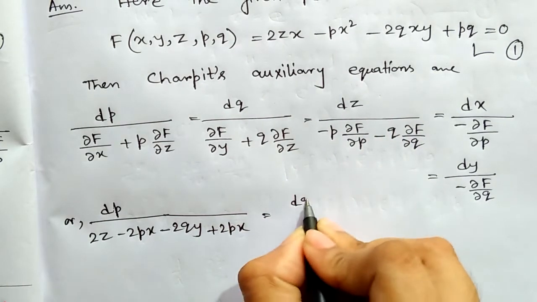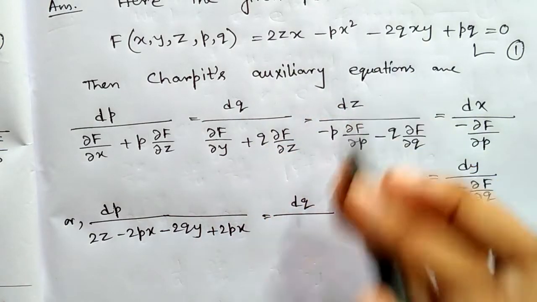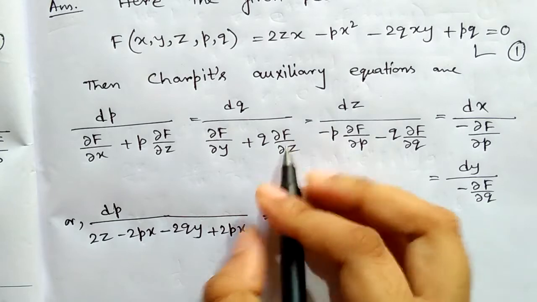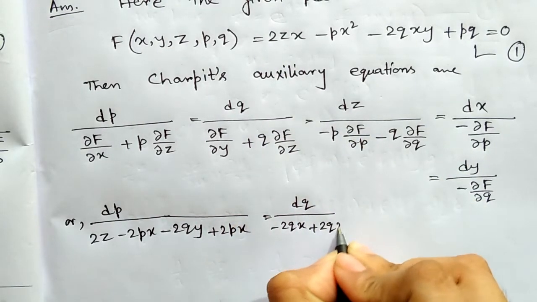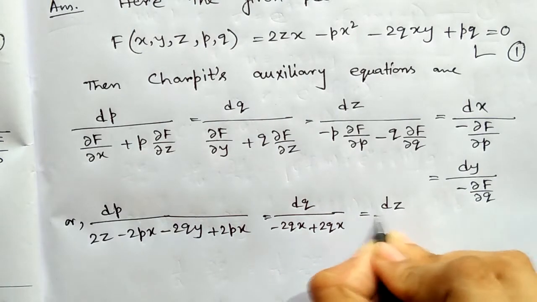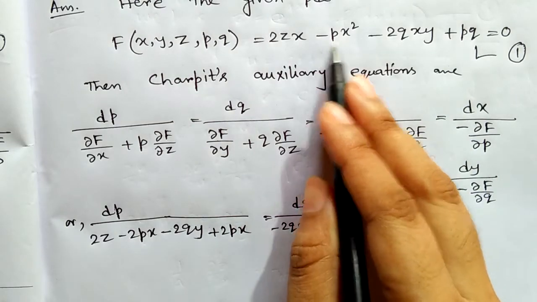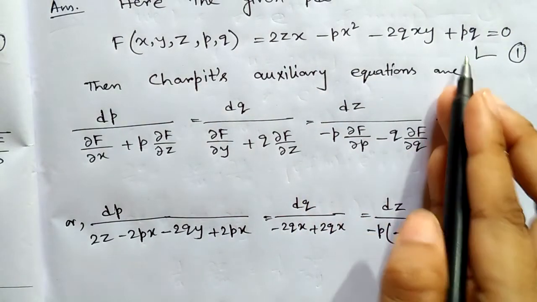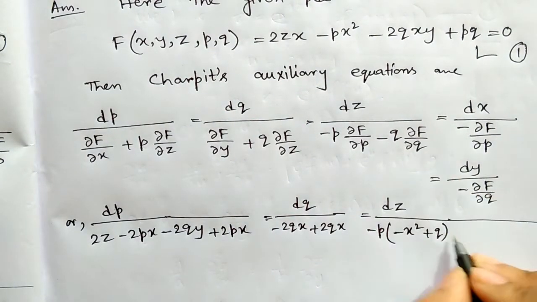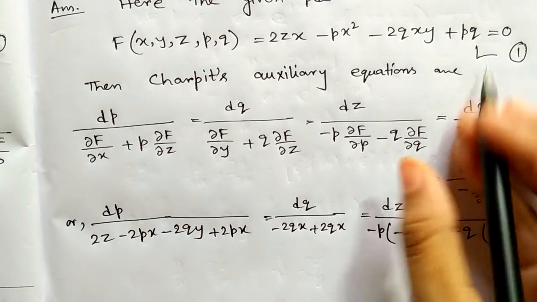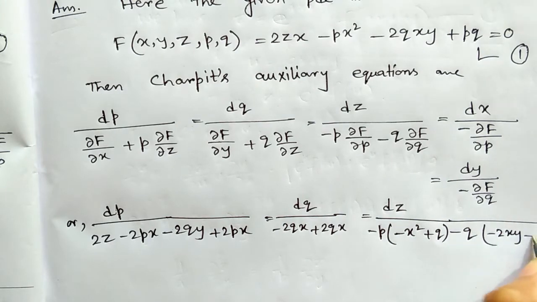Then dq by del f del y is minus 2qx plus del f del z, this plus 2qx. Now dz by minus p del f del p. Del f del p is minus x square plus q, and minus q del f del q, that is minus 2xy plus p.